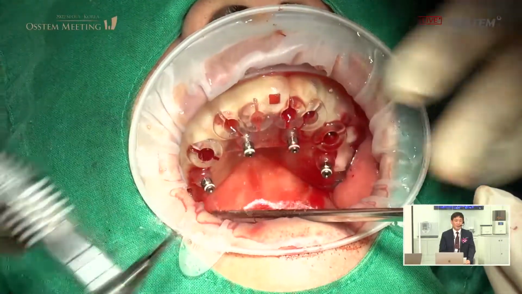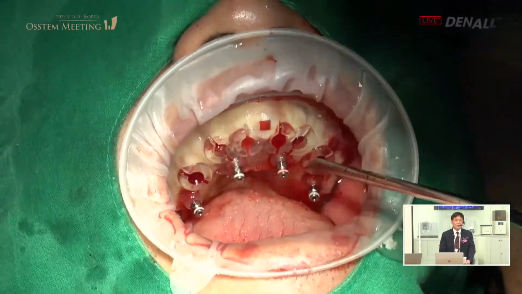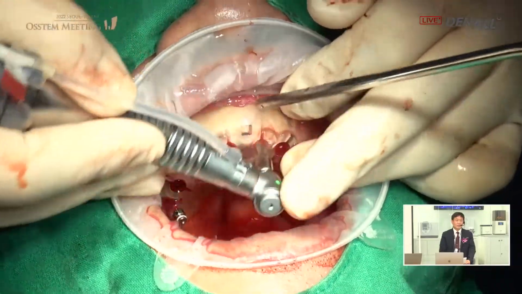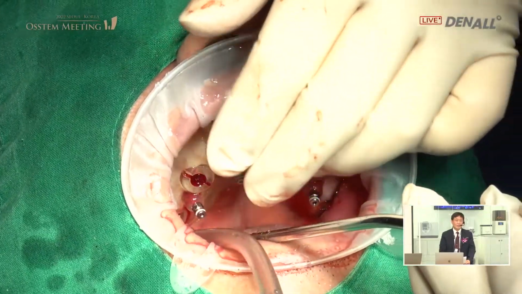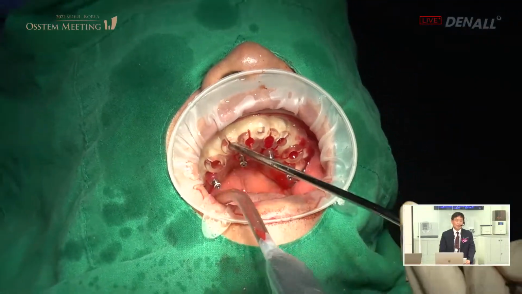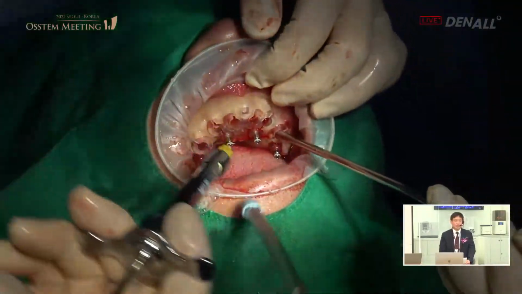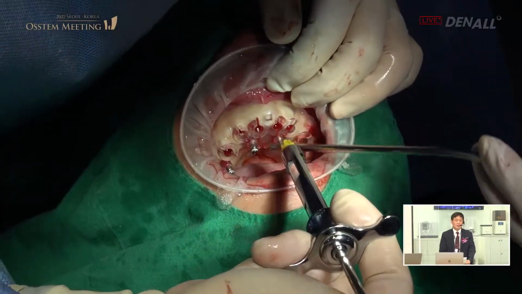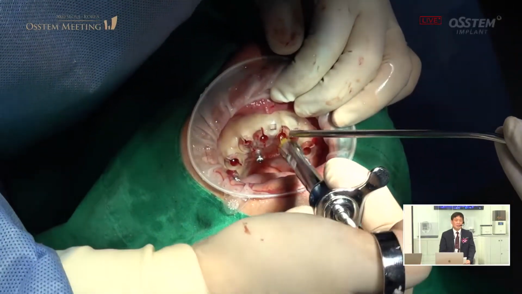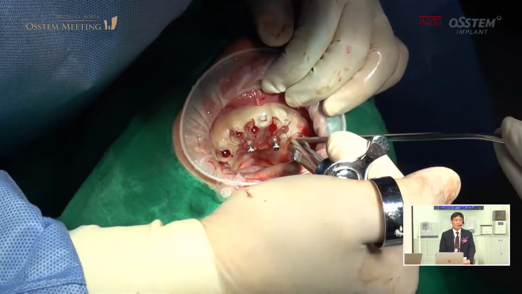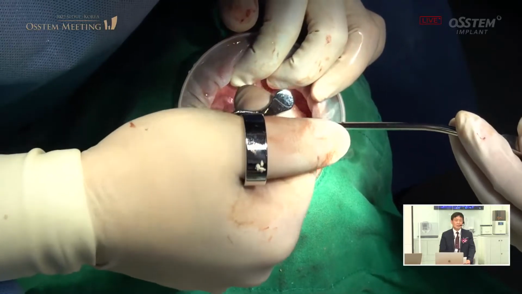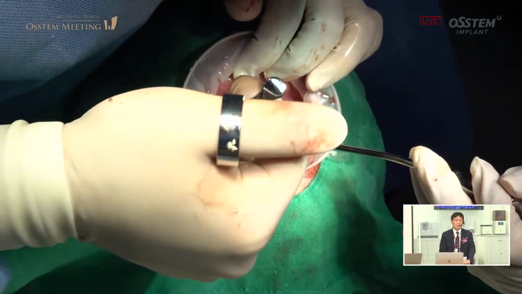So the area is to be receiving an anesthesia injection. The patient feels pain because it's bleeding. So I'm using a new long needle.